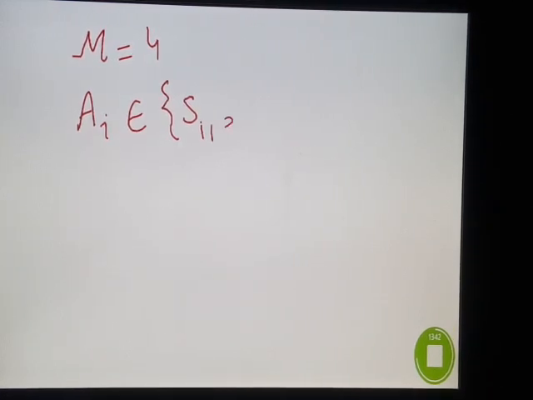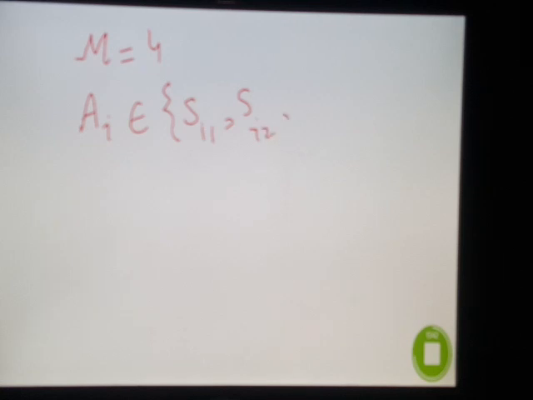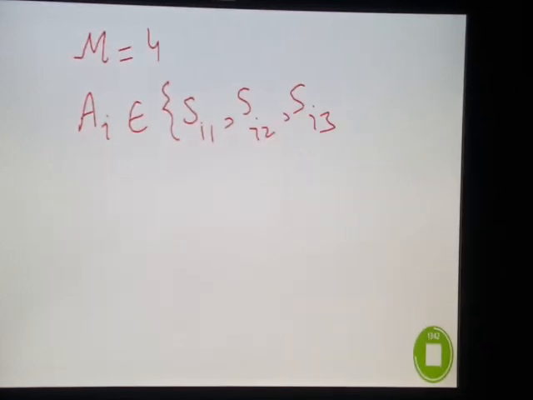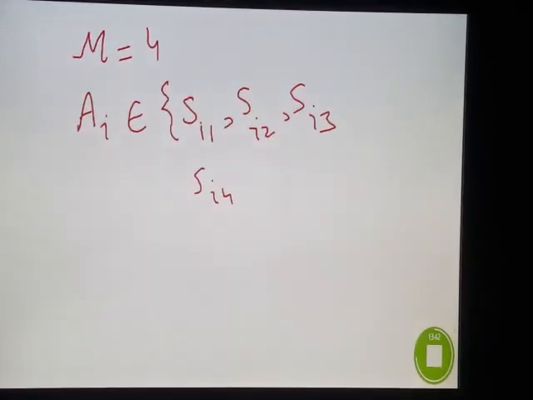Suppose you have M equal to 4 in ASK. You have 4 amplitude levels: S11, S21, S31, and S41.